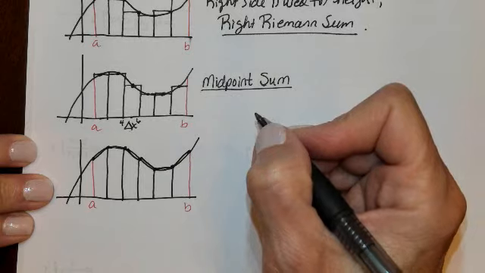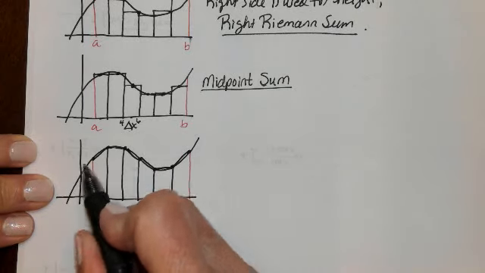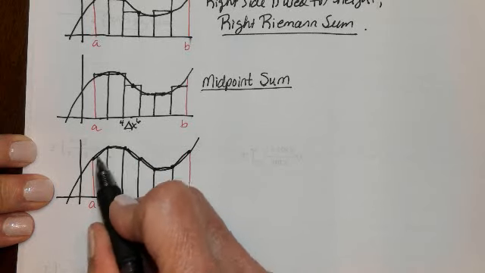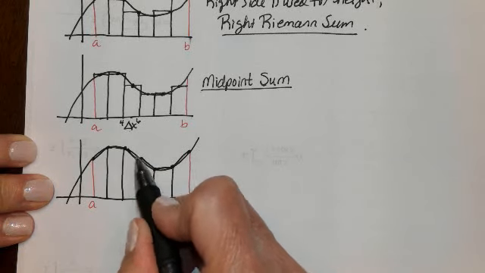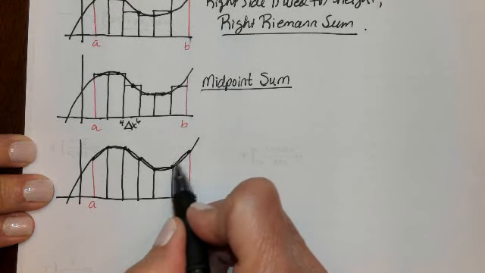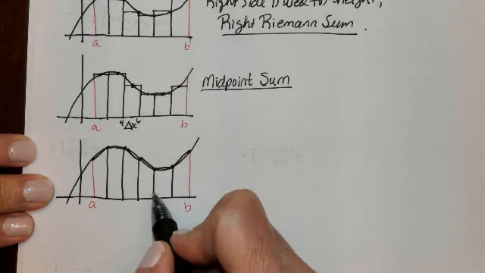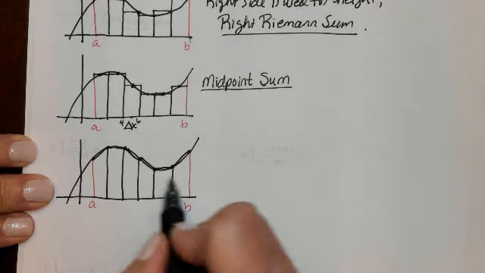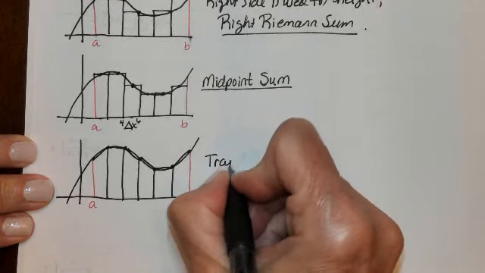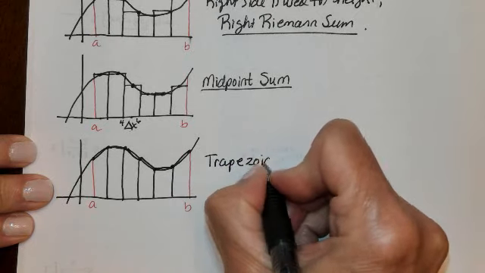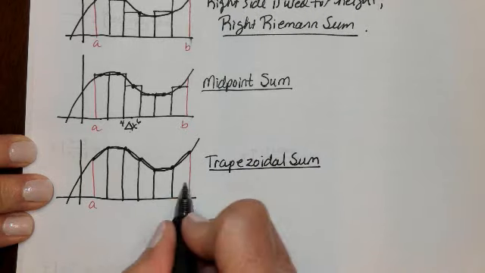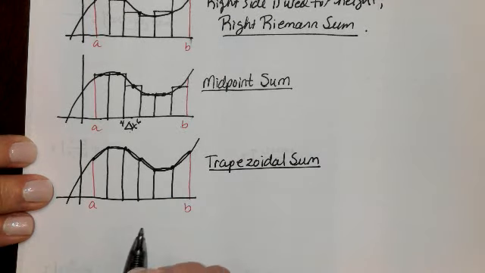In fact, when the curve is concave down, our trapezoid should be underneath the curve, right? When our curve is concave up, our trapezoids should be a little bit over the curve. Do you agree? Anyway, we can find the area of each trapezoid, and when you add up all the areas of those trapezoids, this is called a trapezoidal sum.